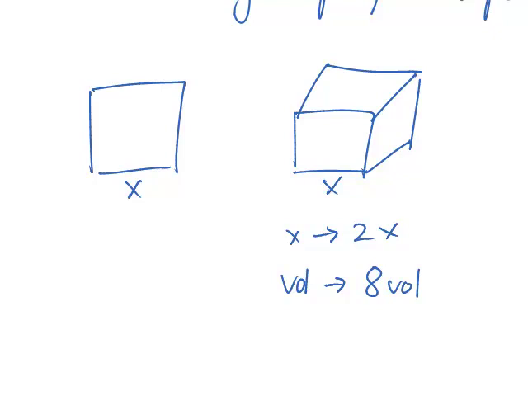Every time you double the width of this cube, you octuple, I guess that's the verb, you octuple the volume, you multiply the volume by 8. And if you had a square, you would quadruple the area. Multiply, multiply. Exponential.